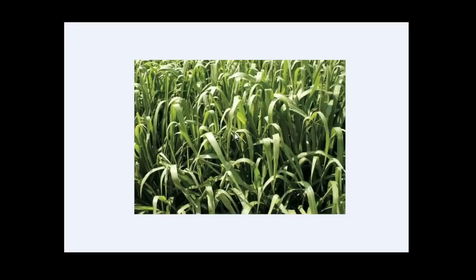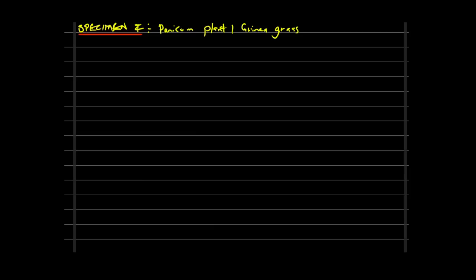It sprouts and germinates there, and it is fed upon by ruminants, organisms that feed on plants. It is also used for the production of hay and silage, for production of manure, etc. So we have it called the panicum plant or the Guinea grass.